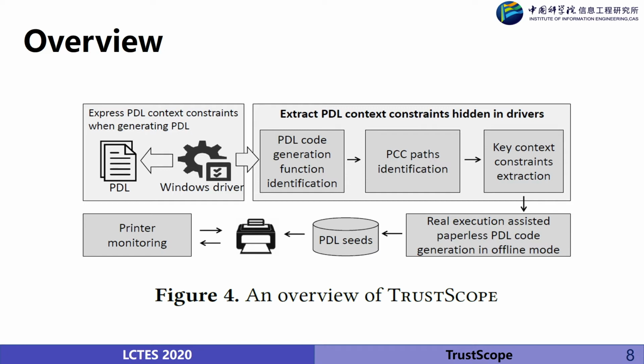In the third and fourth components, we collect and negate key context constraints to mutate output function arguments, and thereby bypass context constraints in order to generate malicious PDL code. Finally, we pass our malicious input to printers and monitor printer behavior in a fifth component.